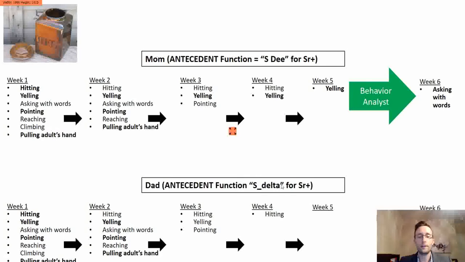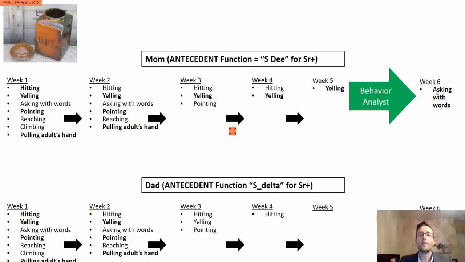So dad is now an S delta for positive reinforcement here. Okay. And now mom is an SD for positive reinforcement. And that's a result of operant selection. There were different consequences that produced this outcome, right?